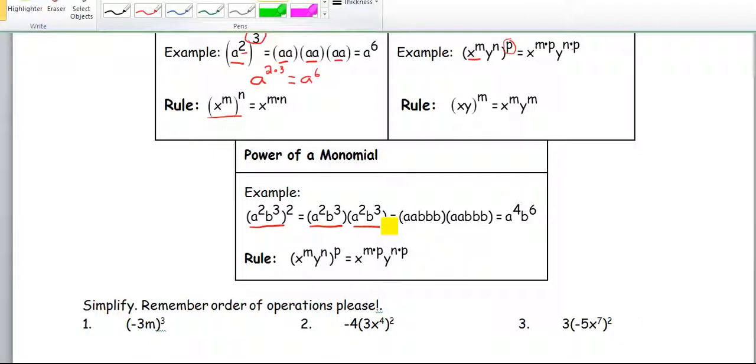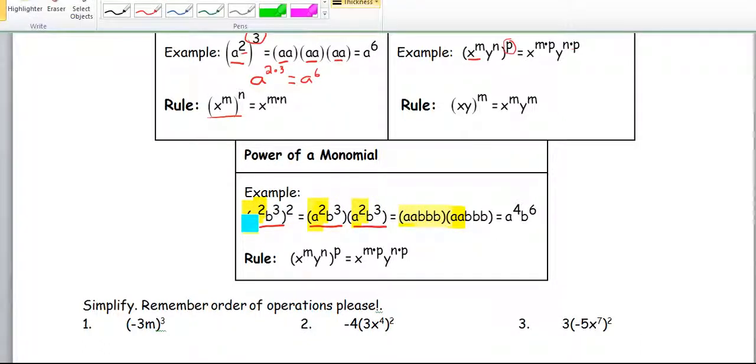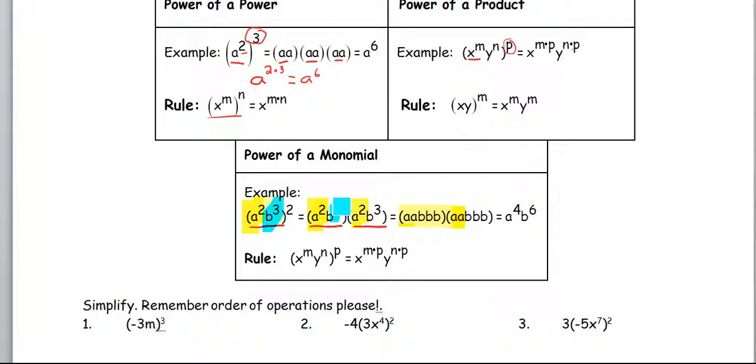Let's go ahead and highlight this. And a squared looks like that, and that's this part. And then b to the b cubed, I should say, looks like this. This is the b cubed.